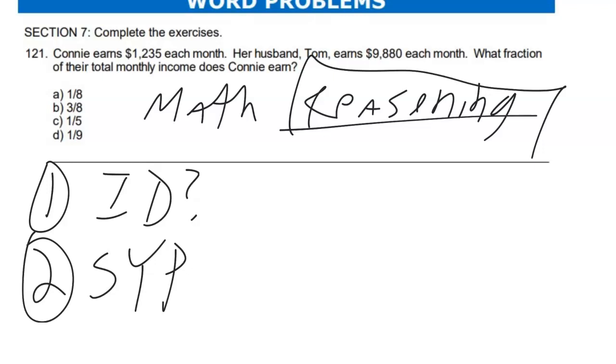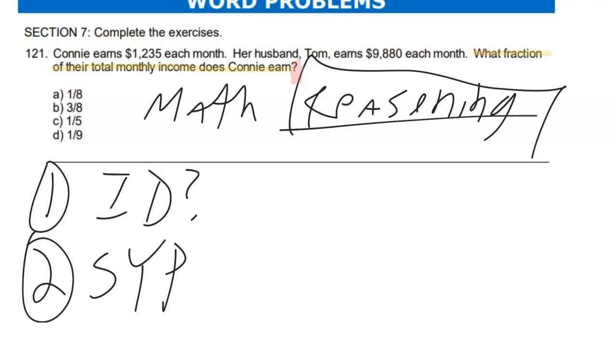When it says ID the question, what you want to do every single time is locate the question. Nine times out of 10, the question is going to be the phrase or sentence that appears before the question mark. Whenever we see that question mark, that lets us know what the question actually is.